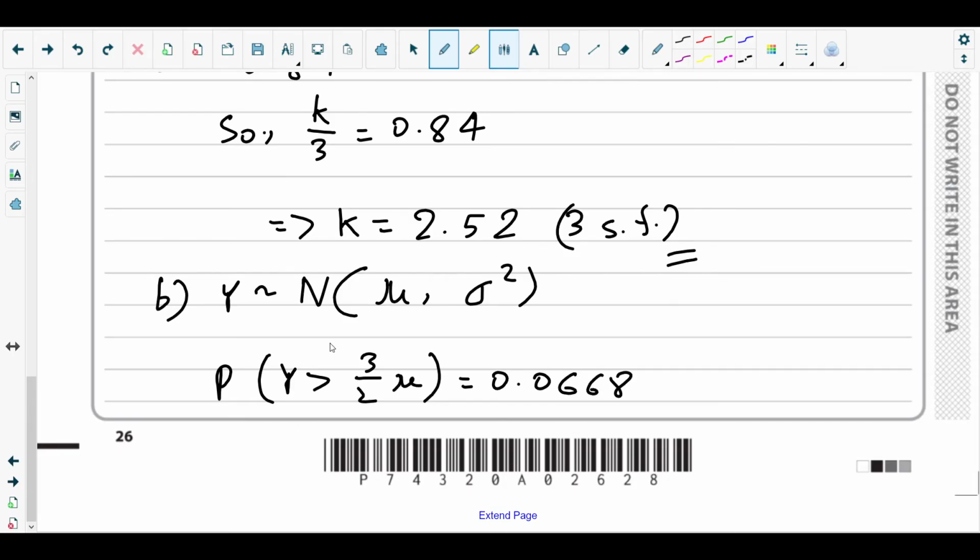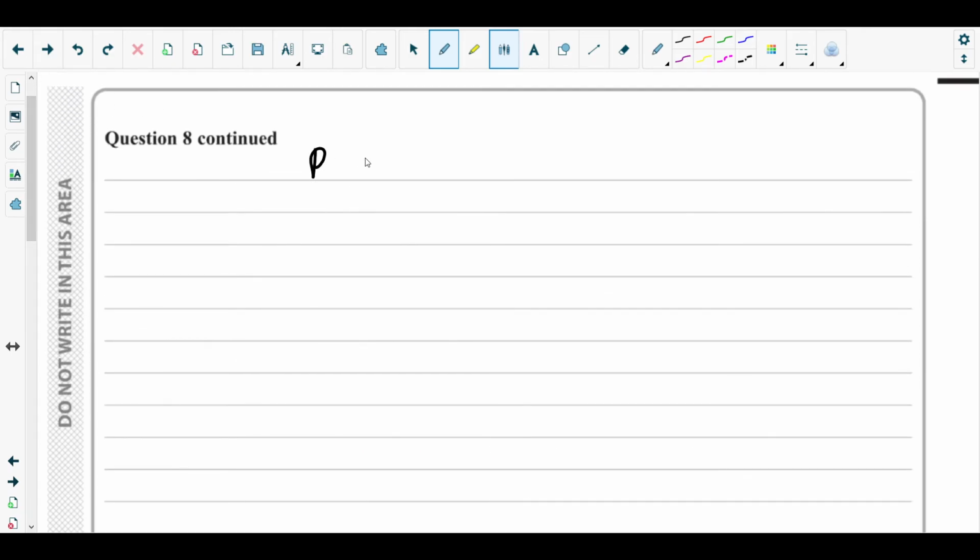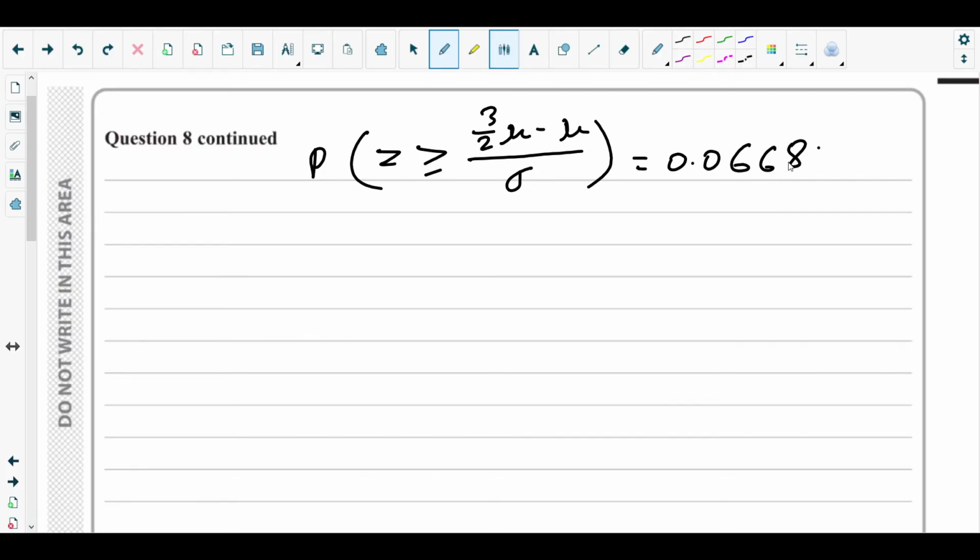0.0668. Fine. Now we need to standardize the data, right? So the probability of z greater than or equal to 3 over 2 mu minus mu over the standard deviation sigma is equal to 0.0668. Since it's greater than or equal, we can consider less than or equal.